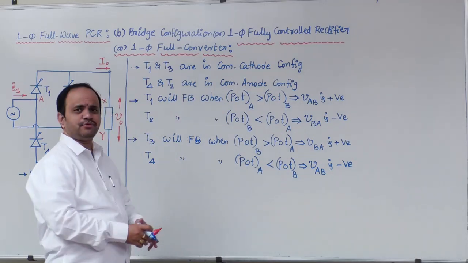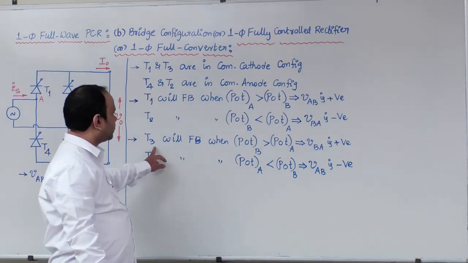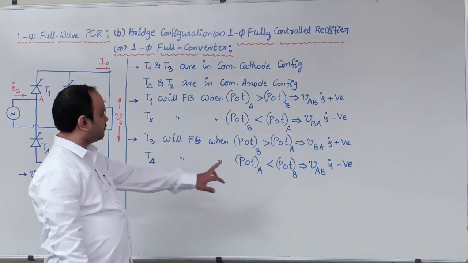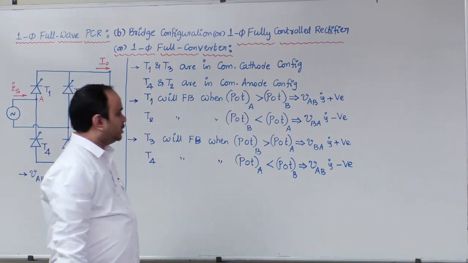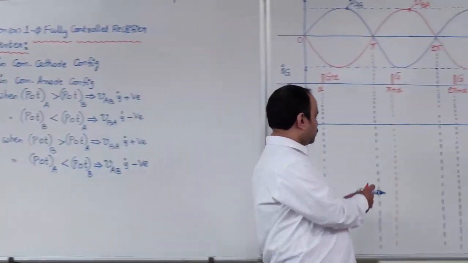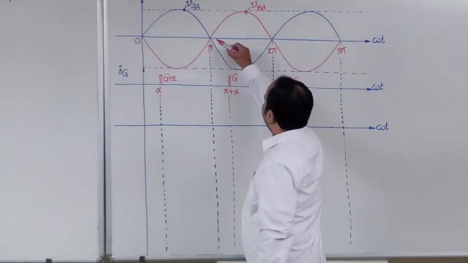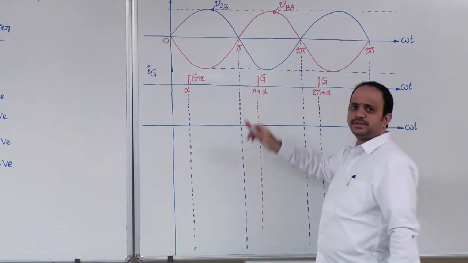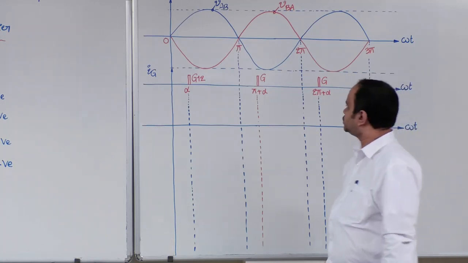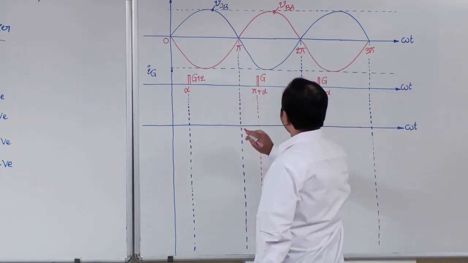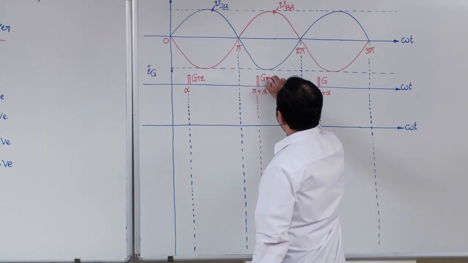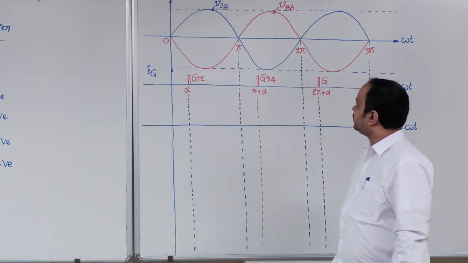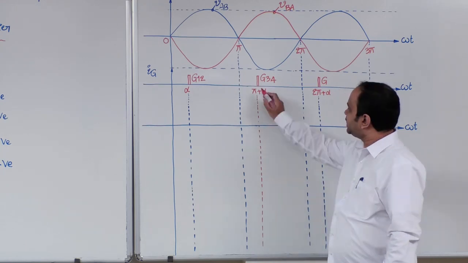Therefore, we should give firing angle to T3 when VBA is positive, and to T4 when VAB is negative. If you look into the waveform, you can understand that VBA is positive and VAB is negative in between pi and 2 pi. As per the symmetric triggering sequence, the T3 T4 pair should be triggered in between pi and 2 pi, that is at pi plus alpha.